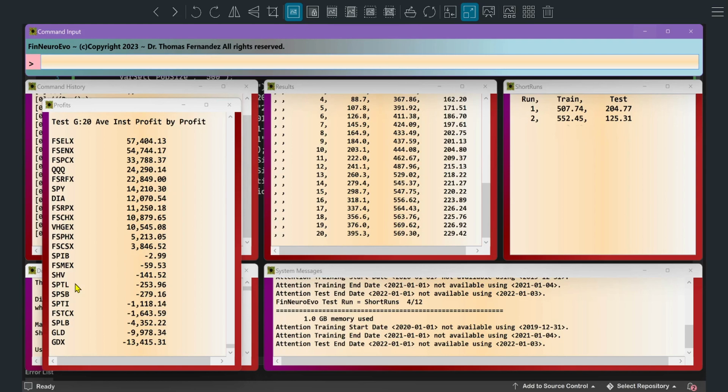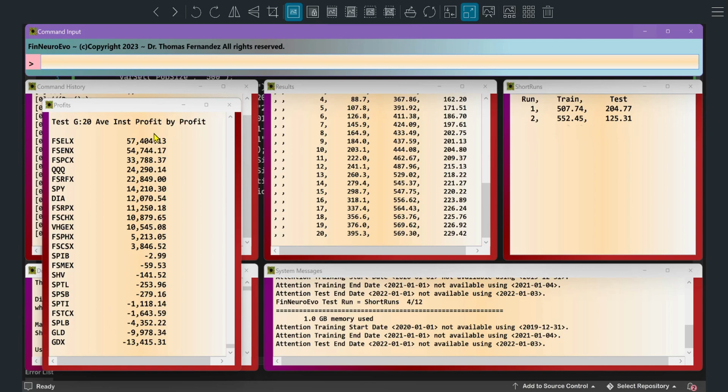There are short-term, intermediate, and long-term bonds, both government bonds and corporate bonds. So that is the inputs to the system. It's also the outputs; the system will trade all of these.